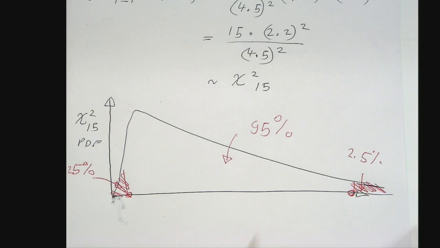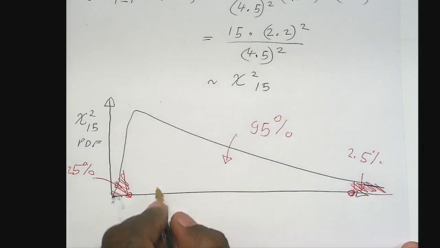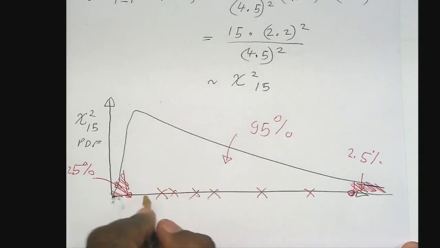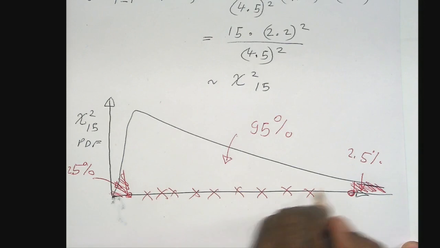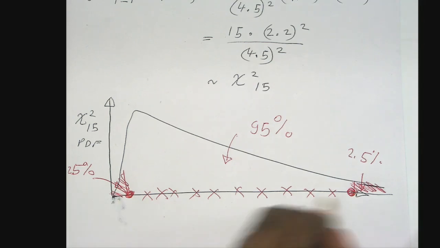If this number falls somewhere here in the center, between this point and this point, then you can say that the null hypothesis is accepted. Does it make sense? If it falls in the center of the distribution, between these two points, then the null hypothesis is accepted.